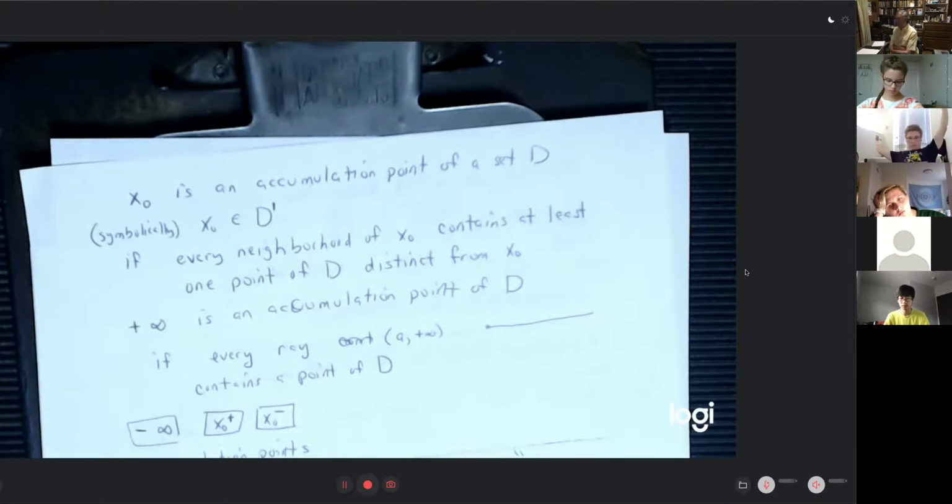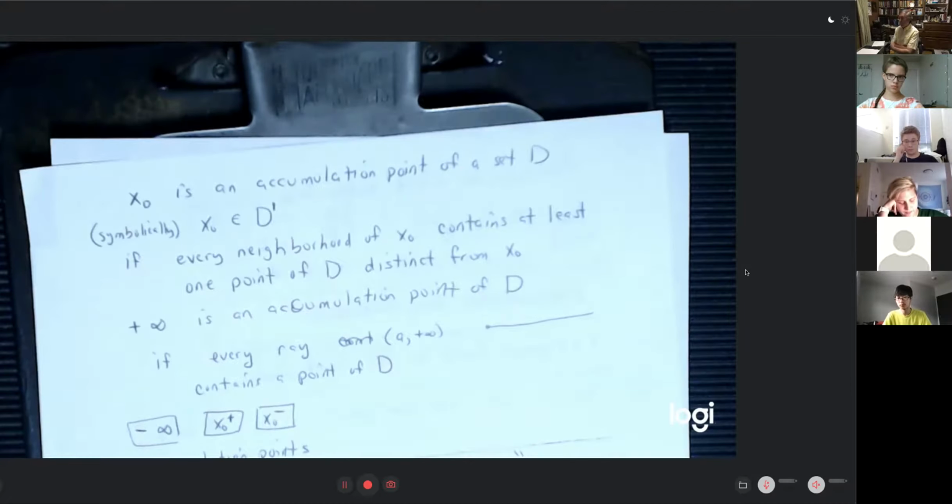You're only going to make it over there if there are enough rocks to get close to the other bank. If the other bank is at infinity, you need rocks going all the way out to infinity, and those rocks are points in the set. So when you say that infinity is an accumulation point of a set, that means the set contains numbers that get bigger and bigger and bigger.